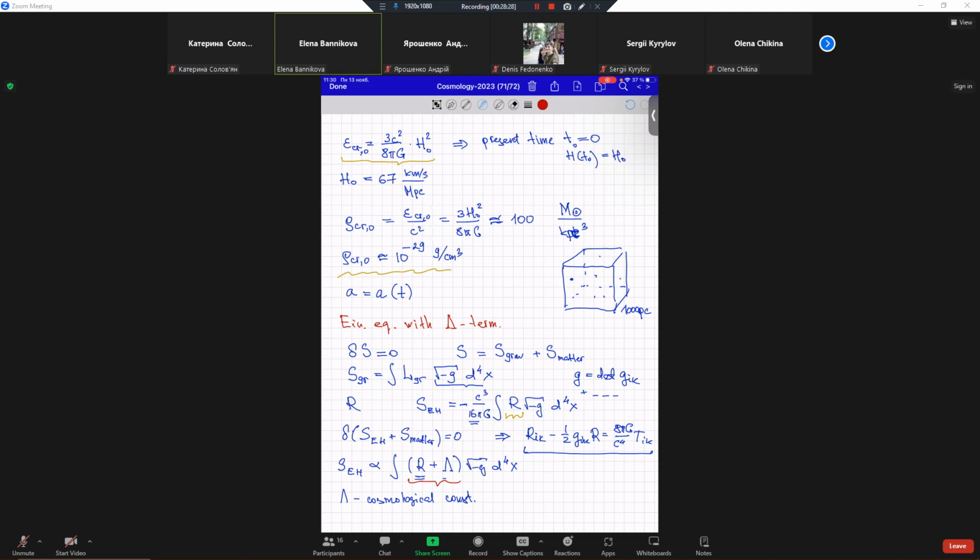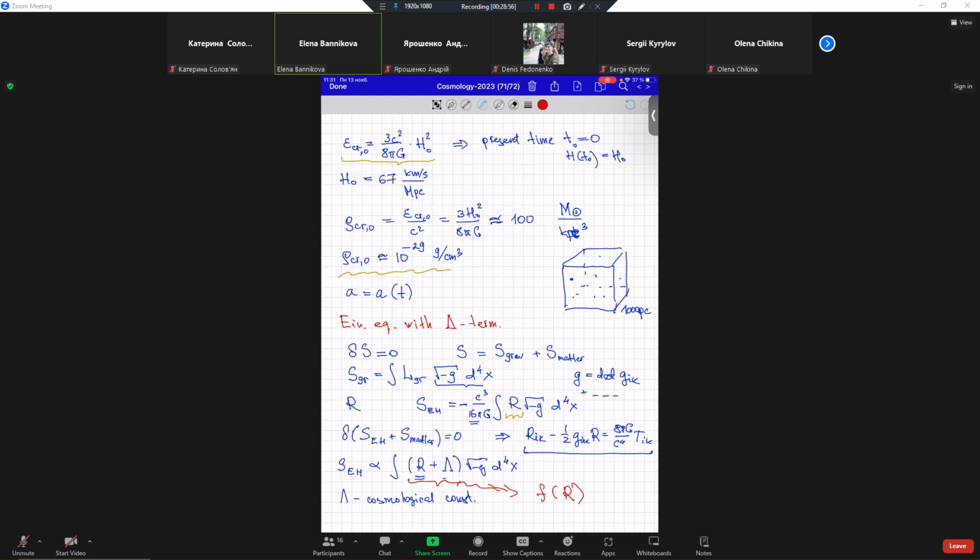In principle, instead of R, we can put some function of scalar curvature. Of course, it also satisfies the main principle of general relativity. It's some combination of scalar curvature like this.